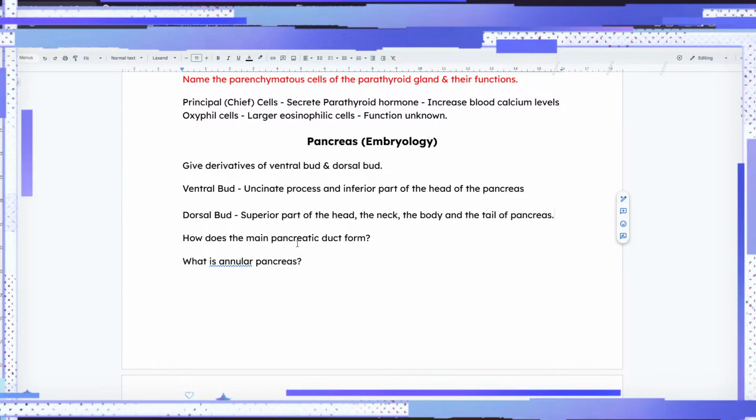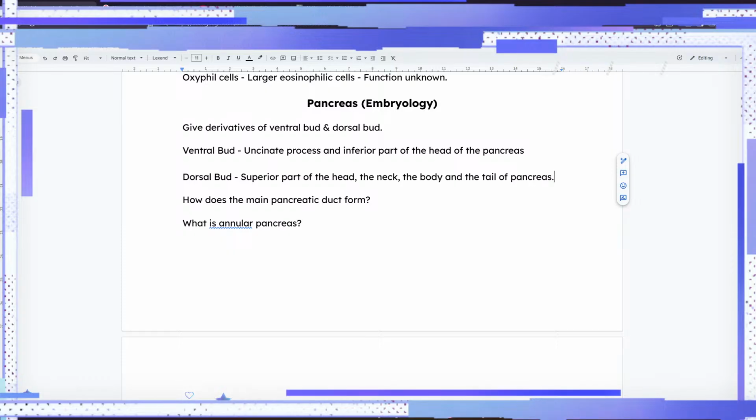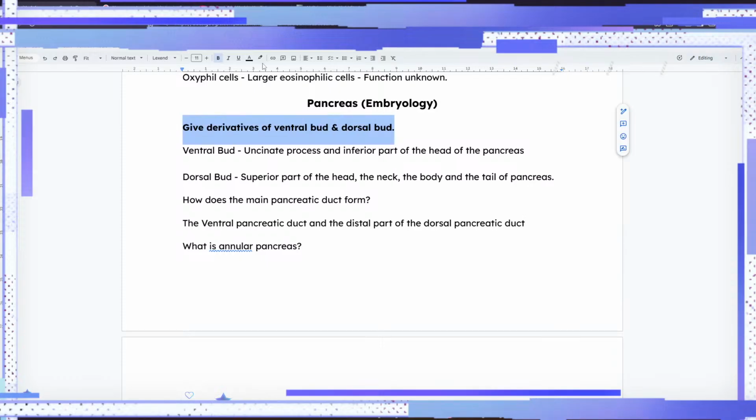How does the main pancreatic duct form? So yeah, the ventral pancreatic duct and the distal part of the dorsal pancreatic duct, right? Okay.